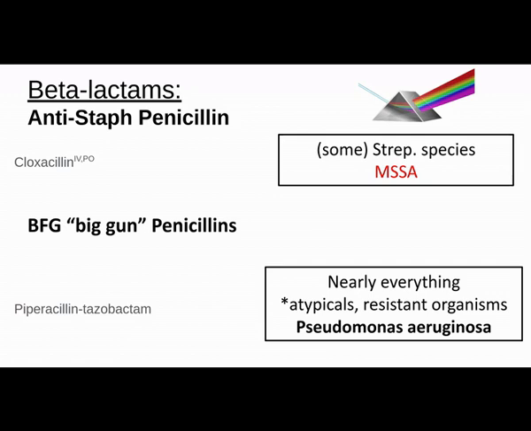It covers nearly everything except atypicals and bacteria with either intrinsic or acquired resistance, and there's not a whole lot of them. You'll often see piptazo used when Pseudomonas is suspected, or by nervous clinicians who just want to cover everything and don't really care about their grandchildren's access to viable antibiotics.